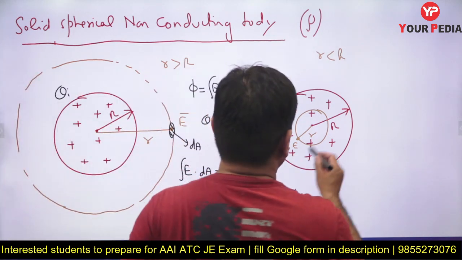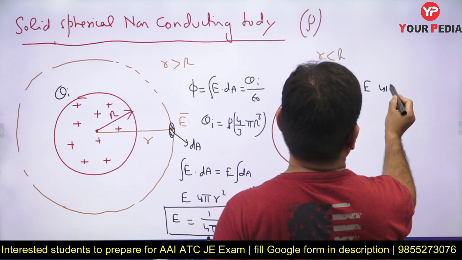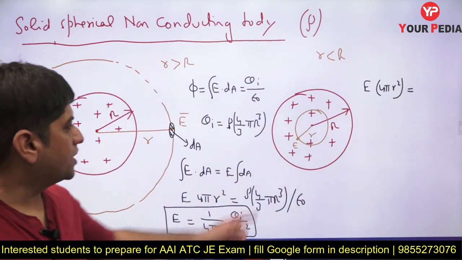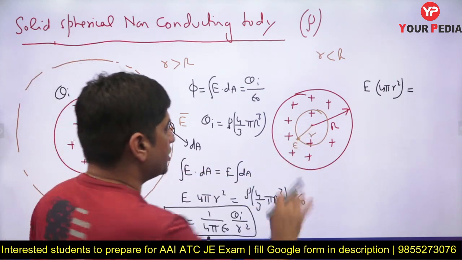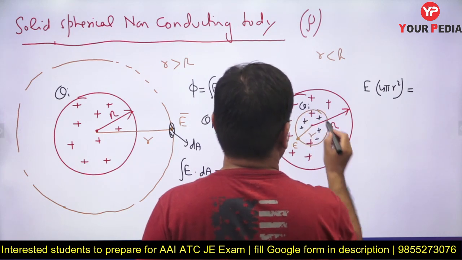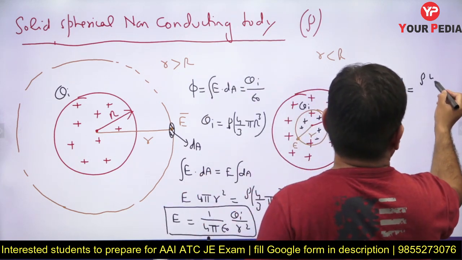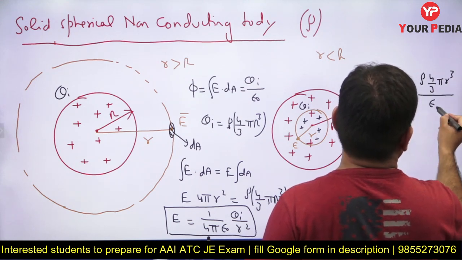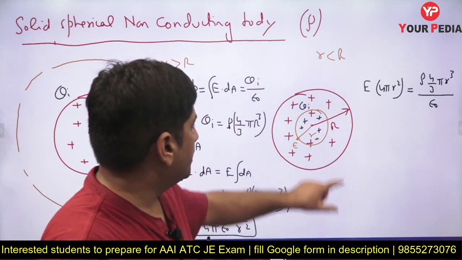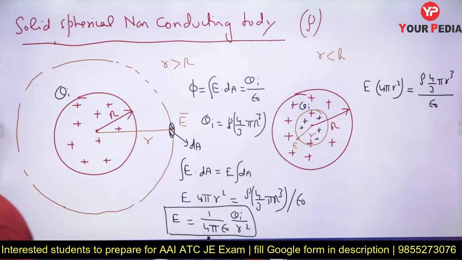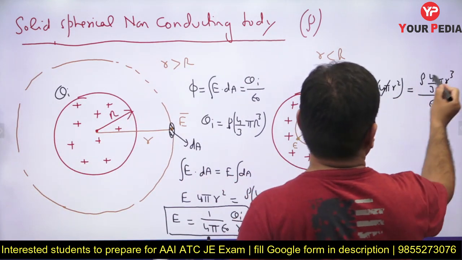Now in this particular case, E into 4 pi r square. Now what is the charge inside? We will not take the entire charge, we will take only the charge which is inside here. Q in will be rho 4 by 3 pi r cube over epsilon naught. You see the difference? Here I take only this charge, not the entire charge, because I am finding the electric field inside now. So how much will it come to? Certain things will get cancelled out.